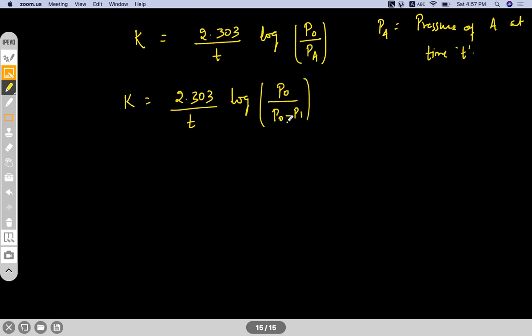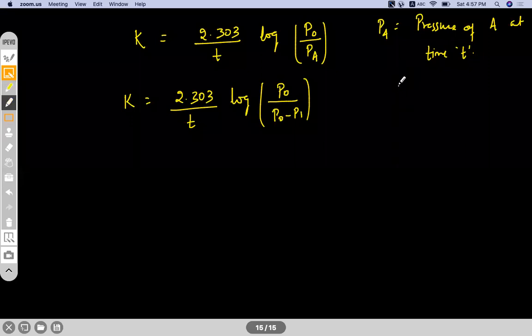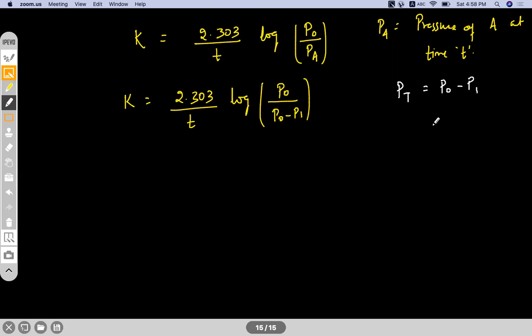So your expression should not be in terms of the partial pressure because P1 is not given in the question. PT is given, total pressure. And the PT relation we have already. PT is equal to what we have? Just now we have calculated. PT is equal to P0 plus P1. So P1 is equal to PT minus P naught.